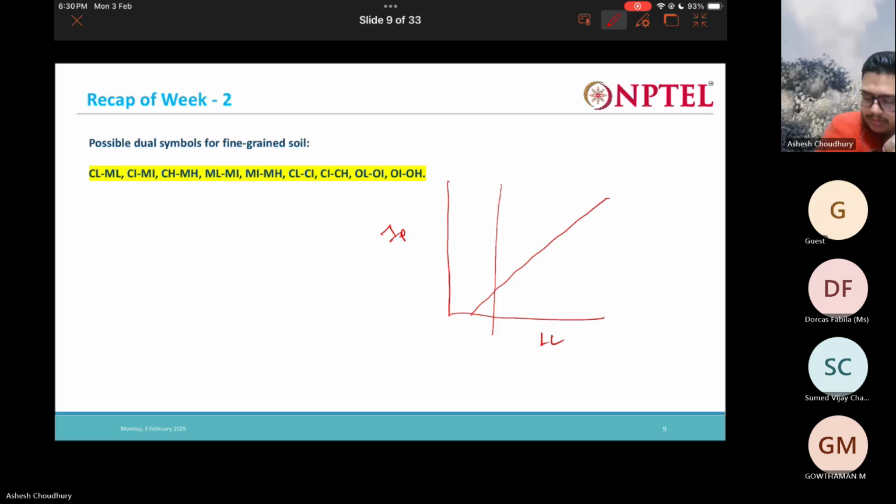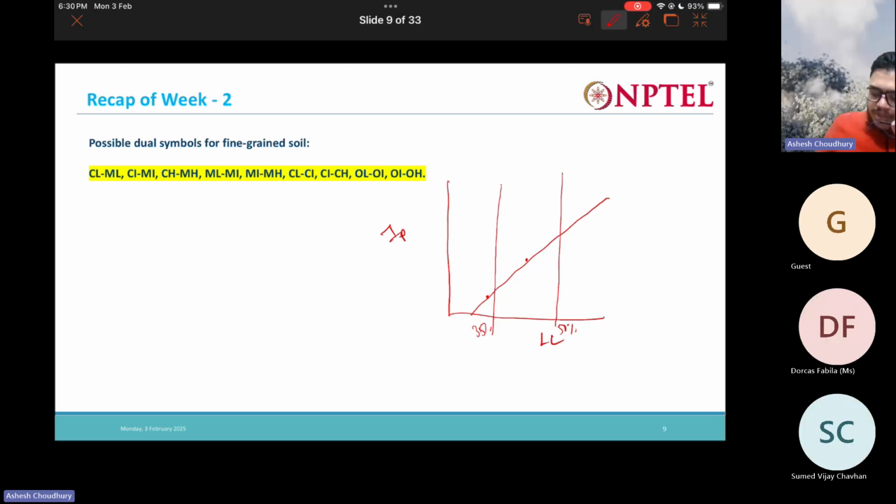This is the 35% line, this is the 50% line. Now say the soil is plotting very close to the A line in this part, then it's going to have CL-ML here, CI-MI here, and CH-MH here.